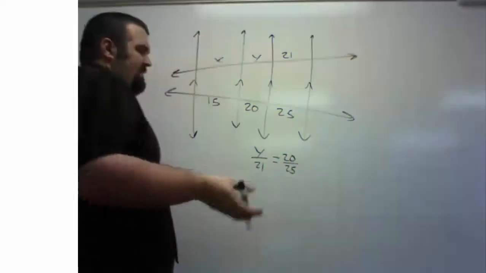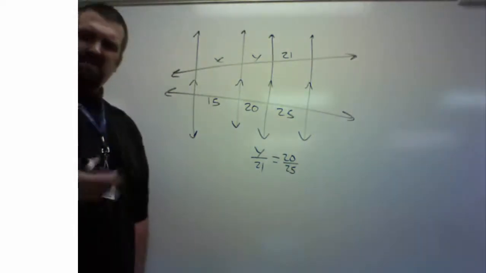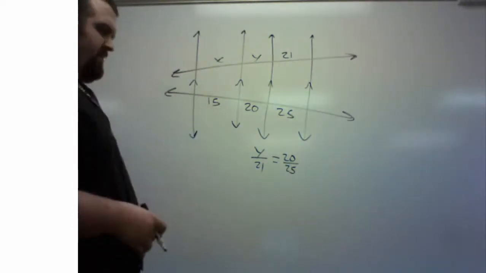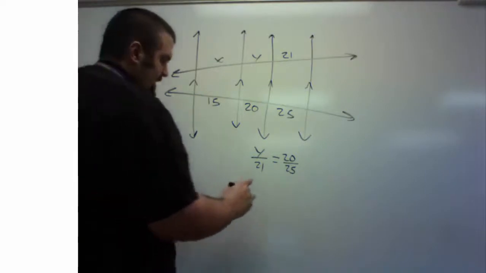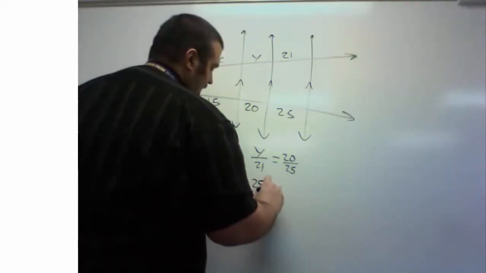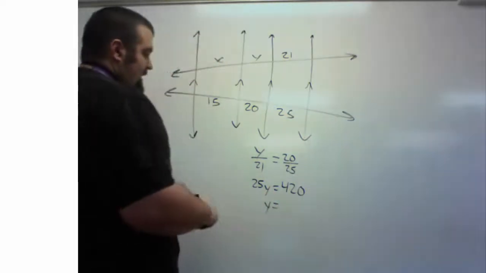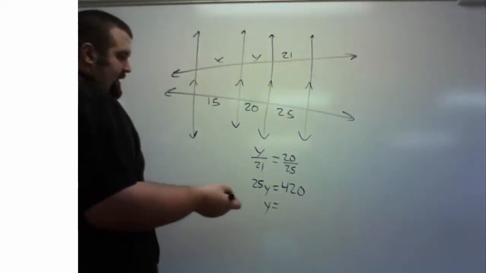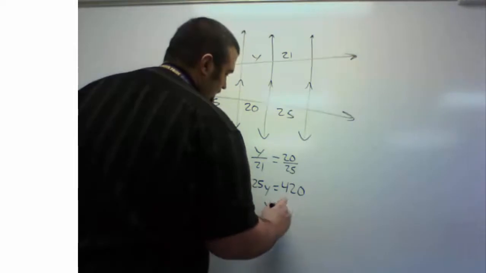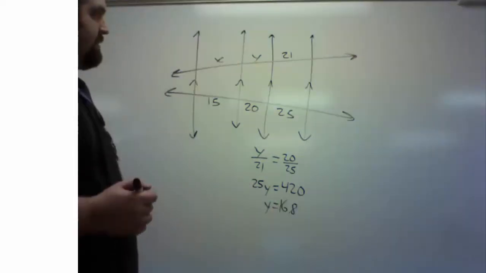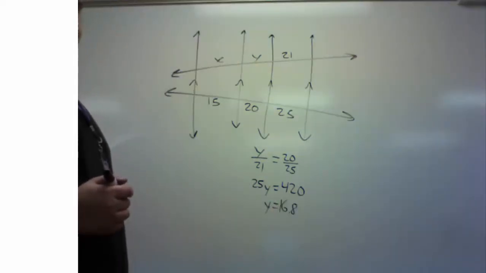I've done the hard part. I set up the proportion. At this point, you just cross multiply and you solve. So 25y equals 420. Y equals, I want to say it's 16.4, 16.8. Try and set up the proportion for x.